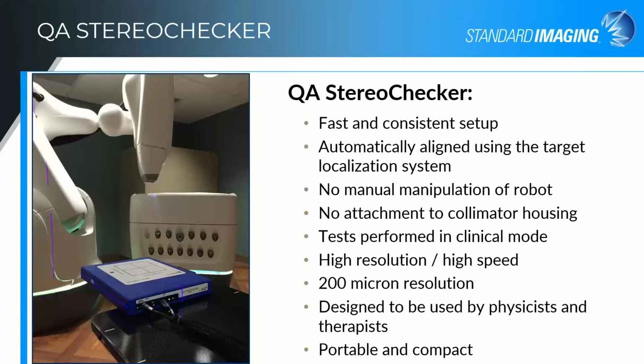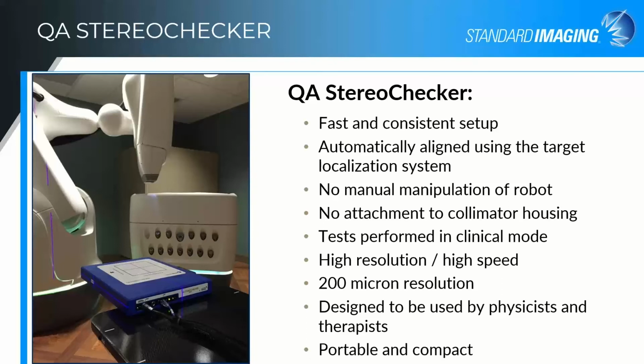So this really makes it possible to do everything that you feel you need to do, as well as the things that are recommended in order to be confident that you're treating your small fields well. It has fiducials in the housing of the imaging panel, so it gives you the ability for a very fast and consistent setup because you can use your imaging alignment system.